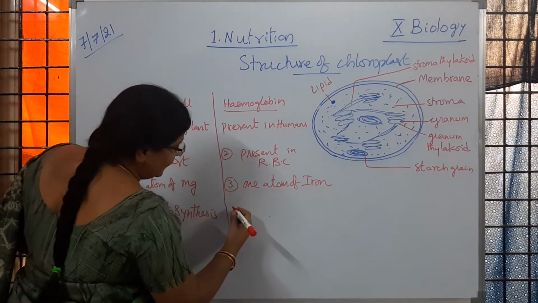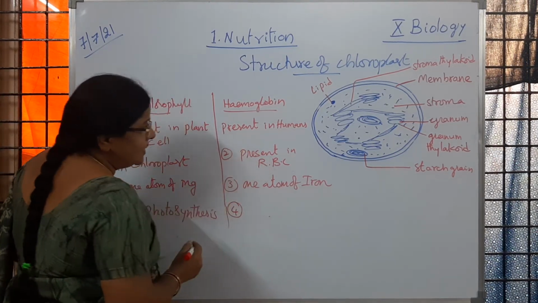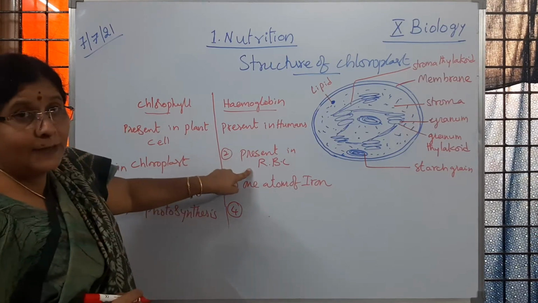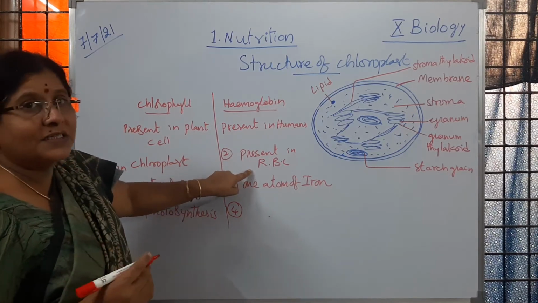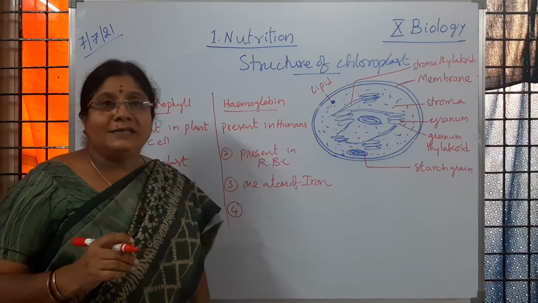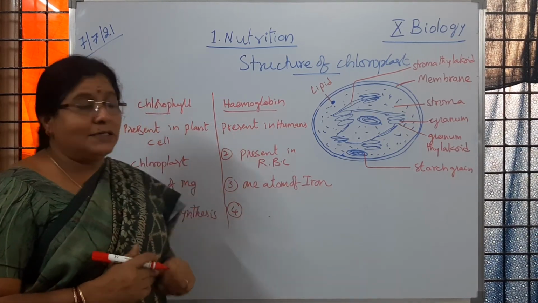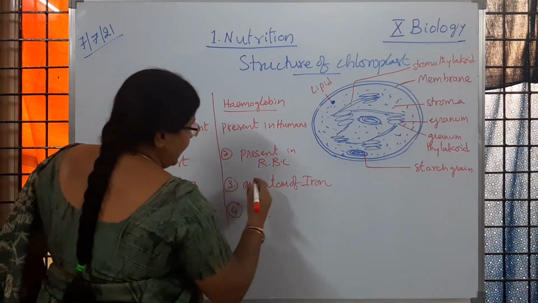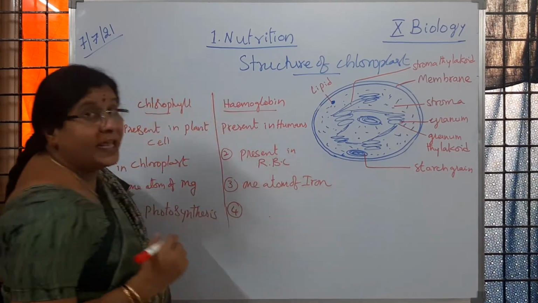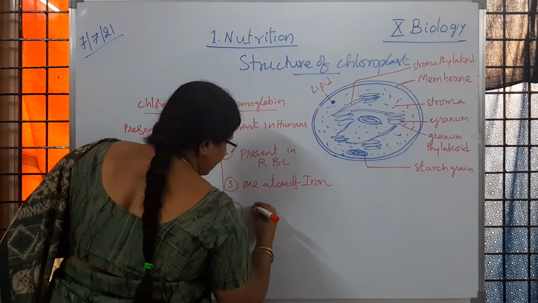Whereas what is the function of hemoglobin? You know that it is present in the blood. So what is the function? It acts as a transporter of oxygen as well as carbon dioxide. So it acts as a respiratory pigment and takes part in respiration.